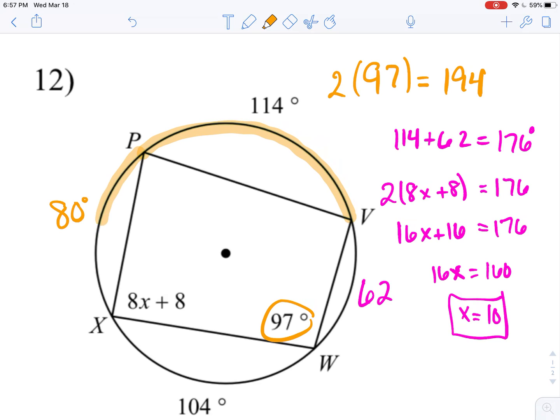I had 114. I didn't know what that was, but I could solve for it because the whole thing had to be 194, had to be double, or 2 times bigger than 97. So I started with that thing that I knew.